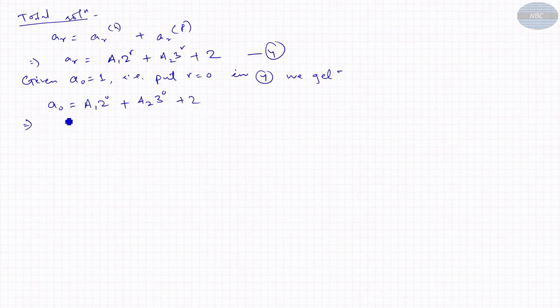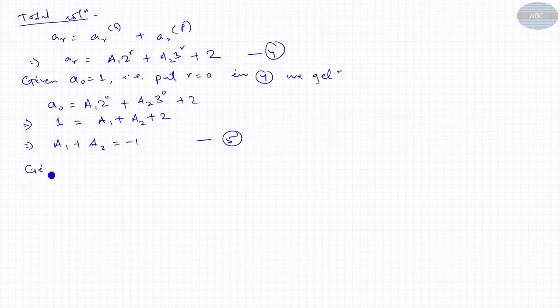So we have the value of a0 is equal to 1, and this is a1 plus a2 plus 2, which implies a1 plus a2 is equal to minus 1. Okay, so let it be equation number 5.